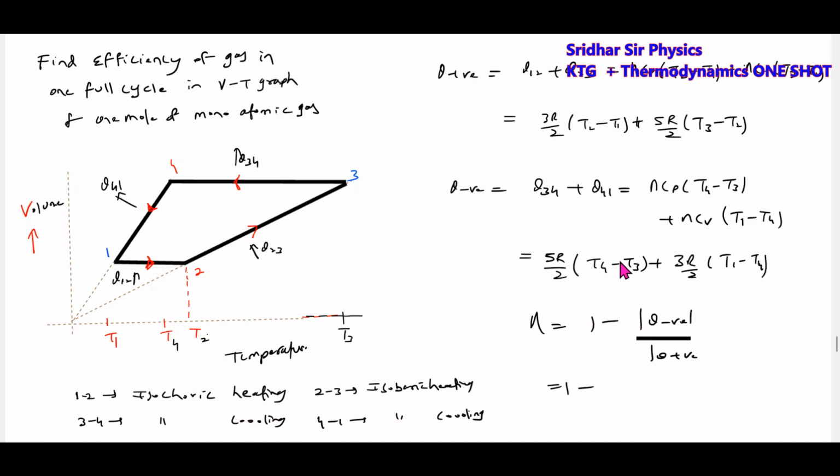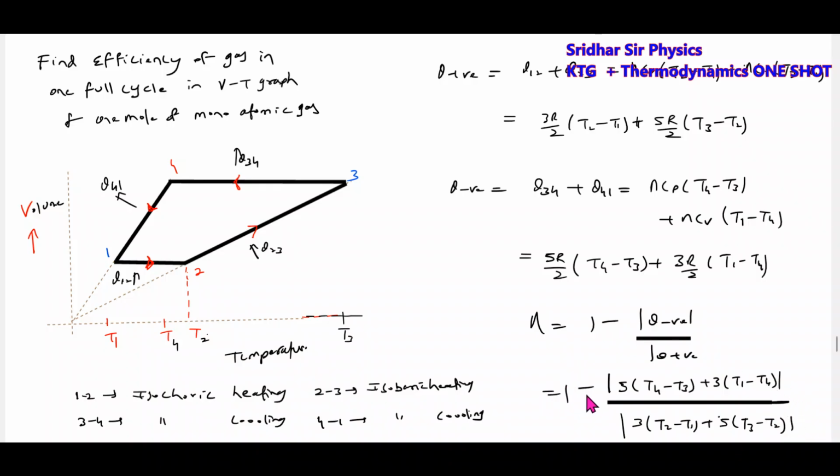T4 is less than T3, T1 less than T2, so this will be 5R/2 (T4 minus T3). There's the efficiency. Substituting all these values, we'll get this.